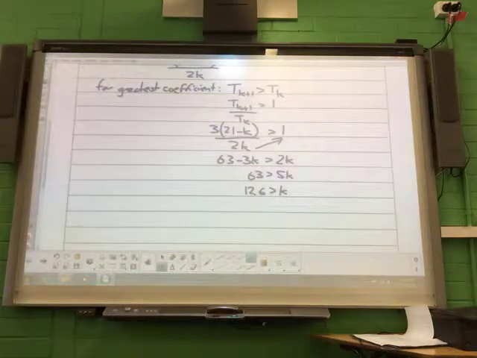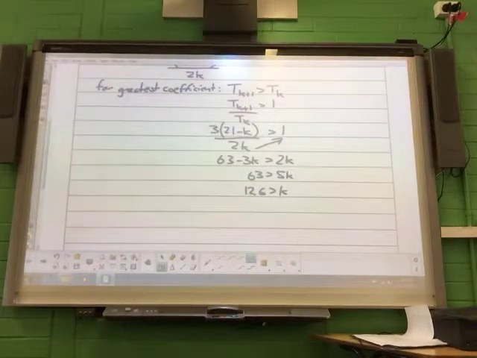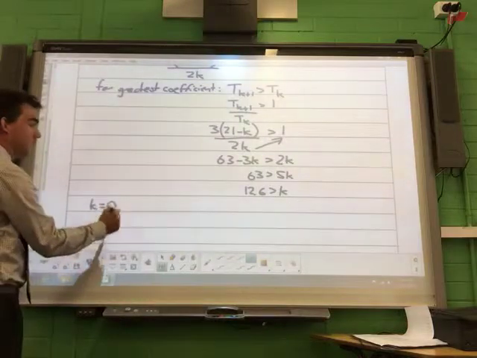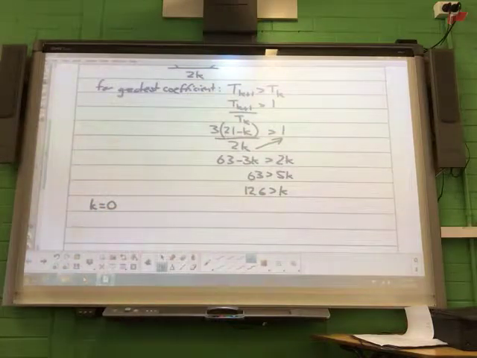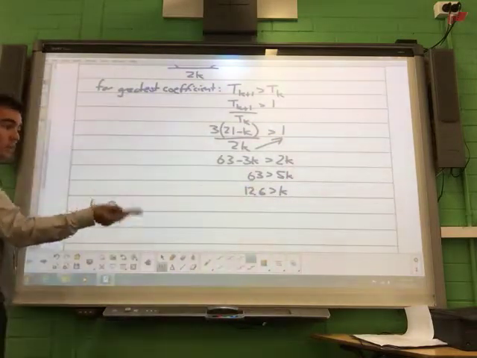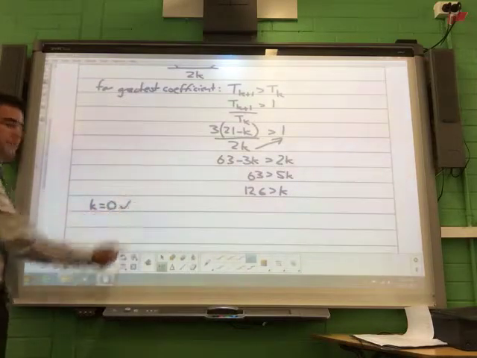Alright, now you need to determine the value for k that makes the greatest coefficient. Any suggestions what I'm going to do here? Alright, k equals 0. Remember we can have a k of 0. Does that match that inequality? Is 12.6 greater than 0? Yeah.